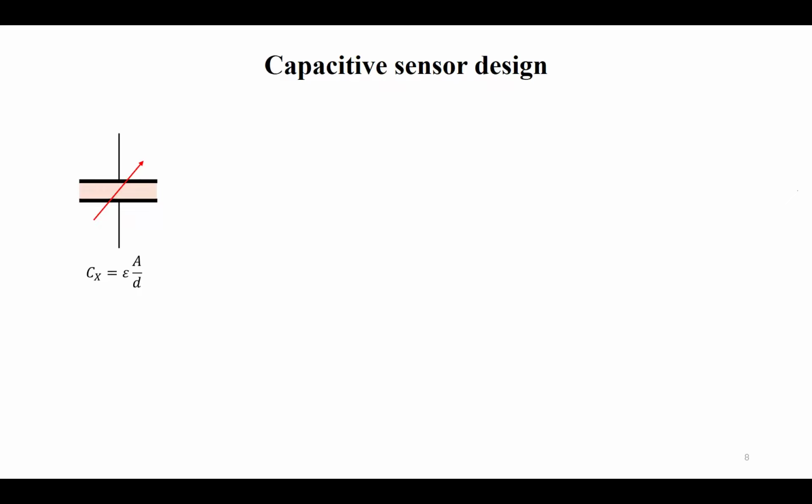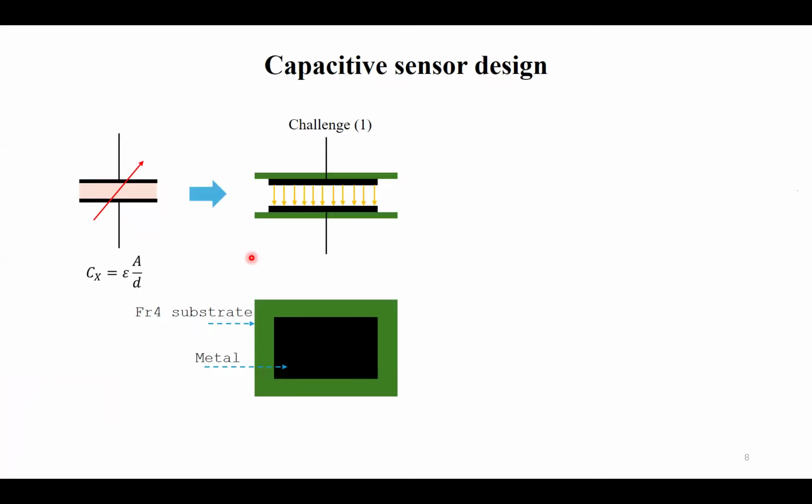So for an ideal parallel plate capacitor, the capacitance between the two plates is Cx equal to epsilon A by D, right? Where A is the area of cross section and D is the distance between these two plates. When I try to fabricate such a capacitive sensor, it will be somewhat like this.